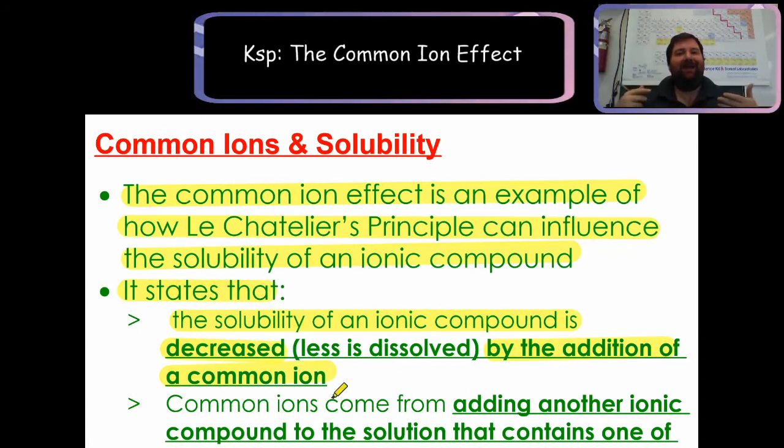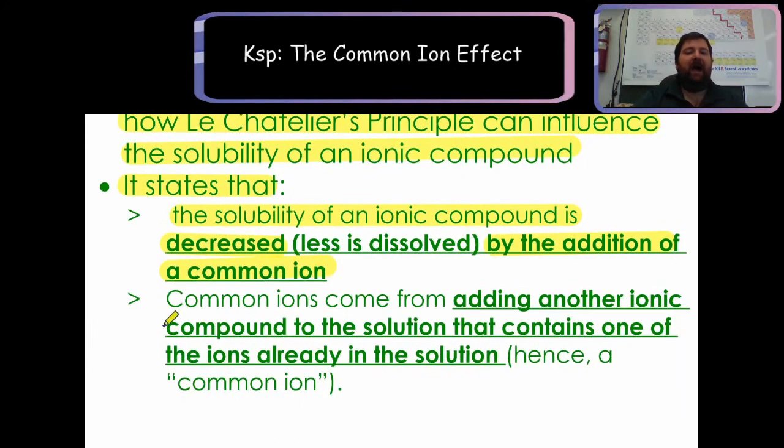So if you add in a common ion, the solubility of your original ionic compound is going to decrease. Common ions come by adding another ionic compound to the solution that contains one of the ions that were already present in that solution. If it was already present, it means the ion's in common.